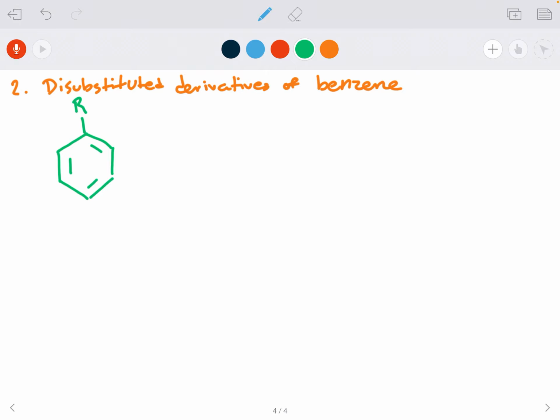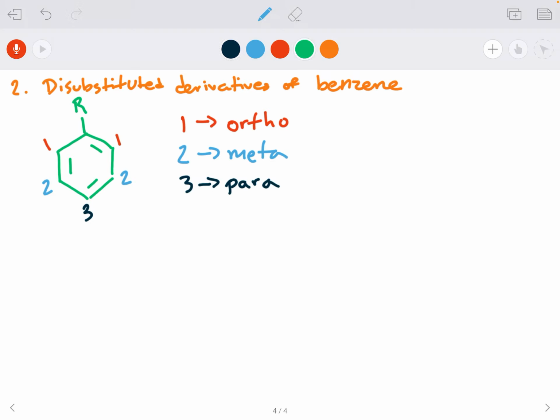There's 3 different positions on a benzene ring. Those are the 3 positions. The red position, this is called ortho. So if it's to either side of your substituent, that's called ortho. If you're 2 away from the substituent, that is meta. And then 3 away is the para position.